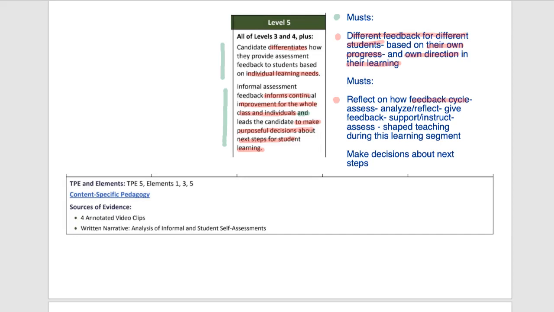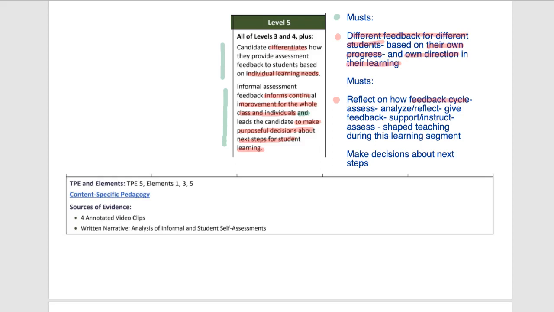So if we think about the feedback cycle as assess and then analyze results and reflect on them for yourself, using what you've learned about the assessment and the results, giving feedback to students, and then after having given feedback to students, you support them to use that feedback well, and you continue instruction, and then after continuing instruction, you assess again, starting the cycle again. You think about how that particular cycle improves your teaching over the course of the event, and also how it improves students' learning over the course of your teaching event.